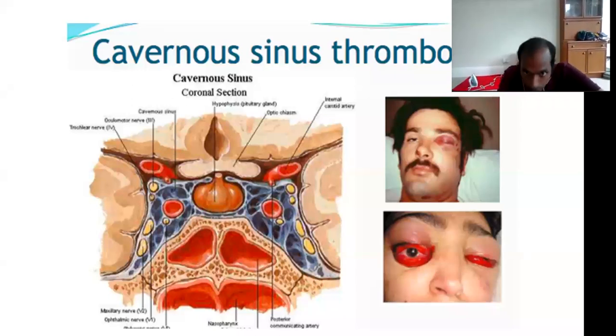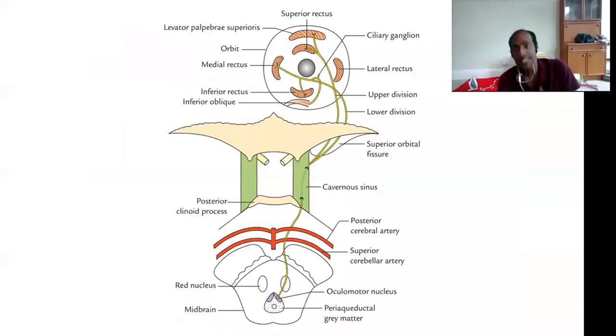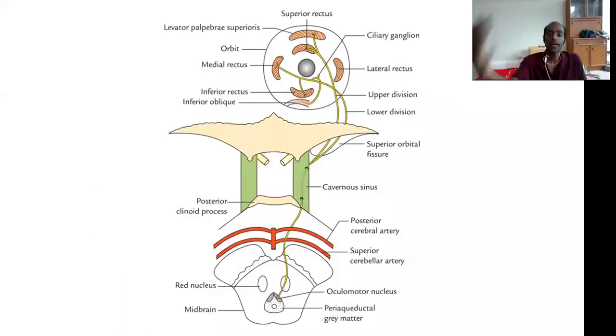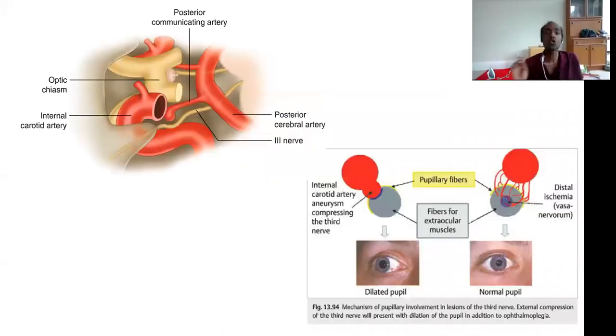Okay. So remember, third nerve arises at the midbrain. A lesion in the midbrain will cause damage to corticospinal tracts, red nucleus, and cerebellar fibers. So you get contralateral hemiparesis, ipsilateral cerebellar signs, or red nuclear tremor. The third nerve next goes closer to the posterior communicating artery.